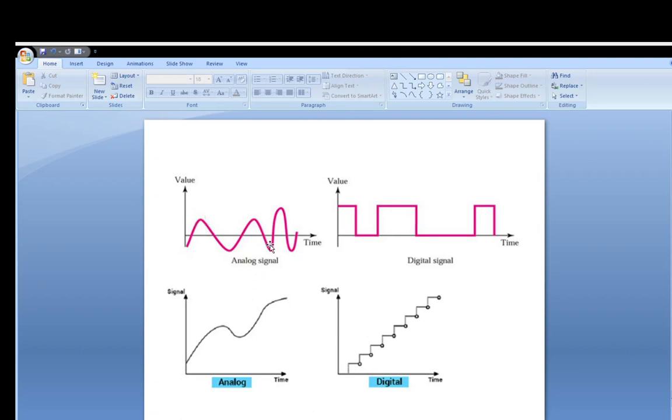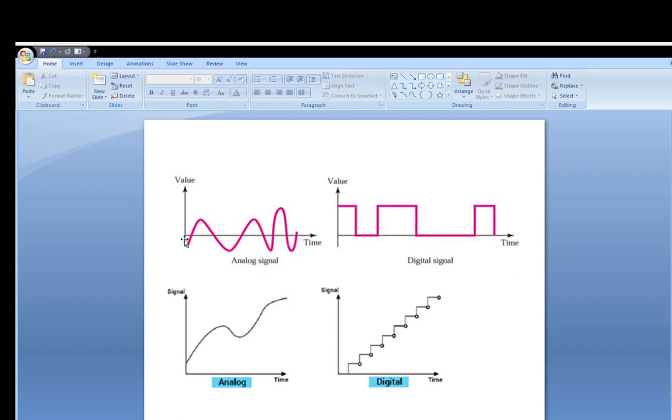As we can see, in the waveform shown by this color, infinite numbers of values are possible. Suppose maximum is 5 volt and minimum is minus 3 volt.